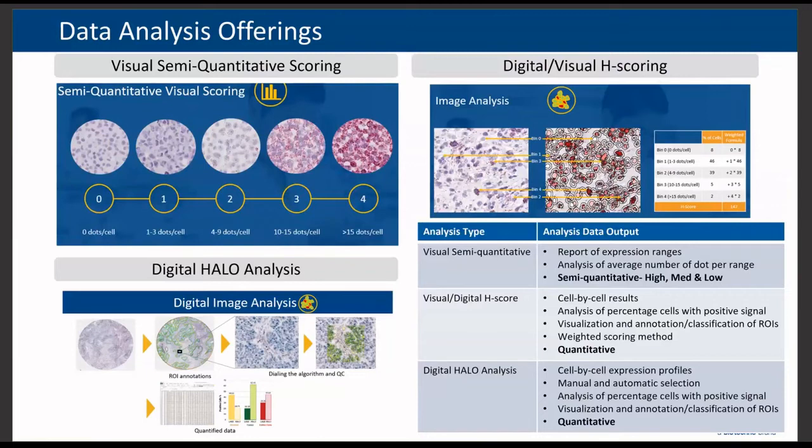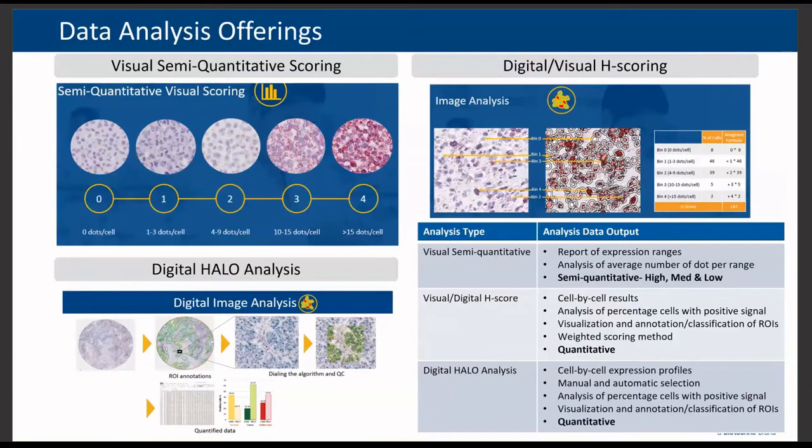This H scoring uses a weighted formula, which ranges from 0 to 400. That's the number that you get towards the end, and that estimates the abundance of expression for each gene of interest. All of these methodologies are under the manual scoring umbrella.